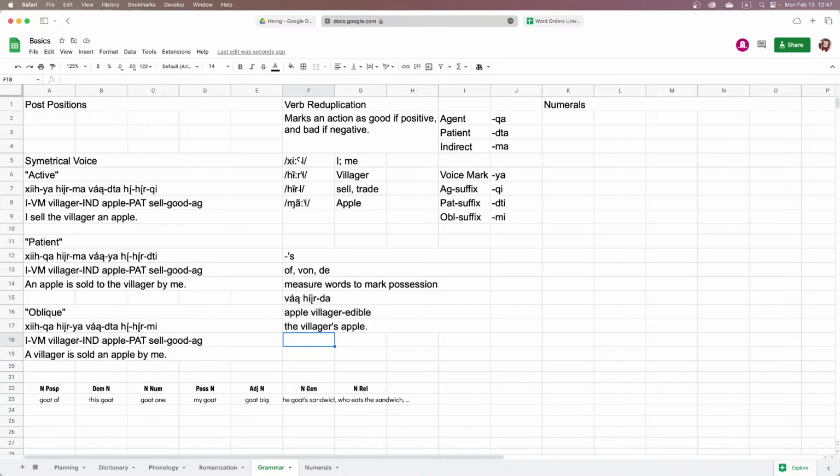I think doing something like that would be interesting. Or instead of throwing the possessive noun before the thing, we could do it after. So apple, edible, villager, and that way if we want to add numerals to stress it's an apple of a villager, an apple of a villager.